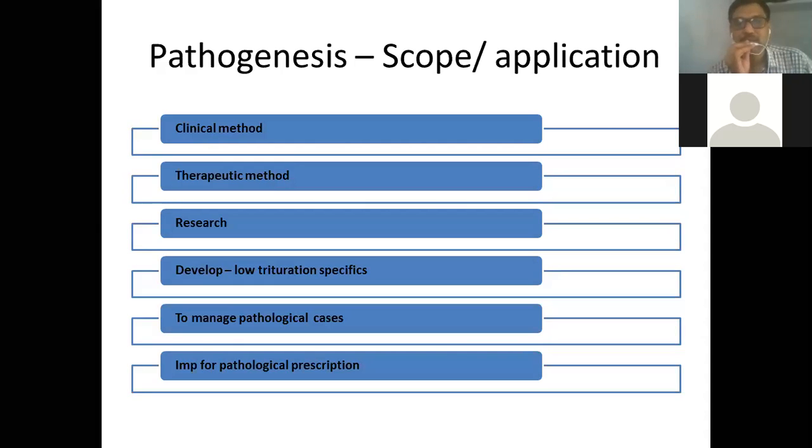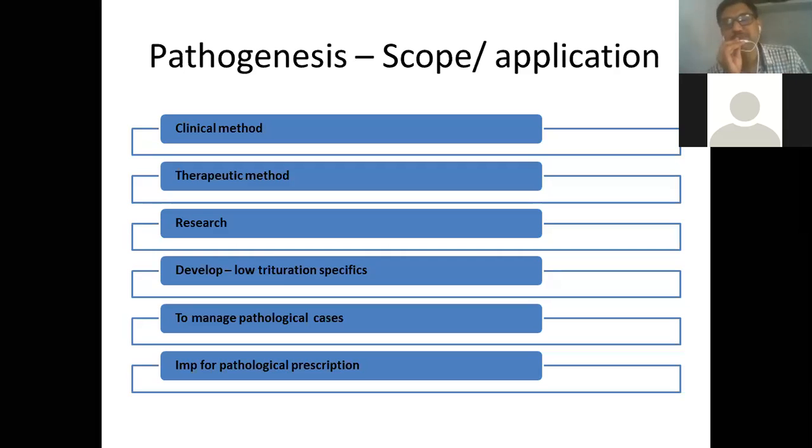And it is very good for the various researches which will come in the future. For example, does a medicine like Cinchona really affect the heat regulating center of the hypothalamus?